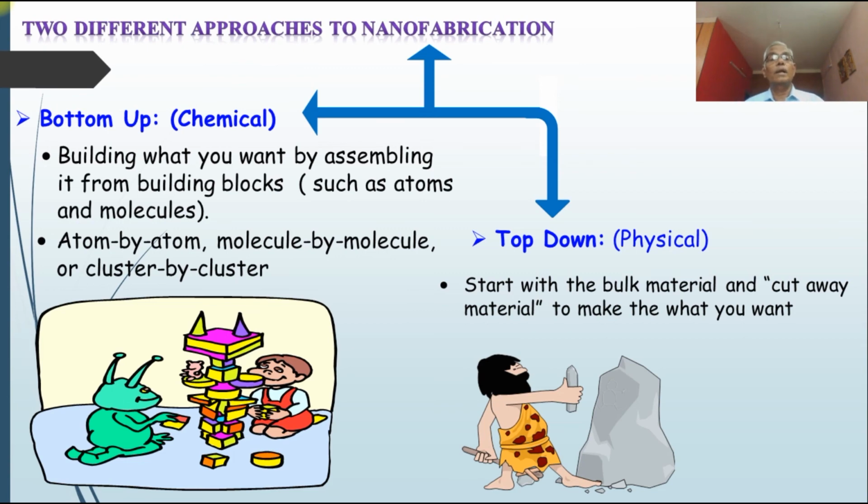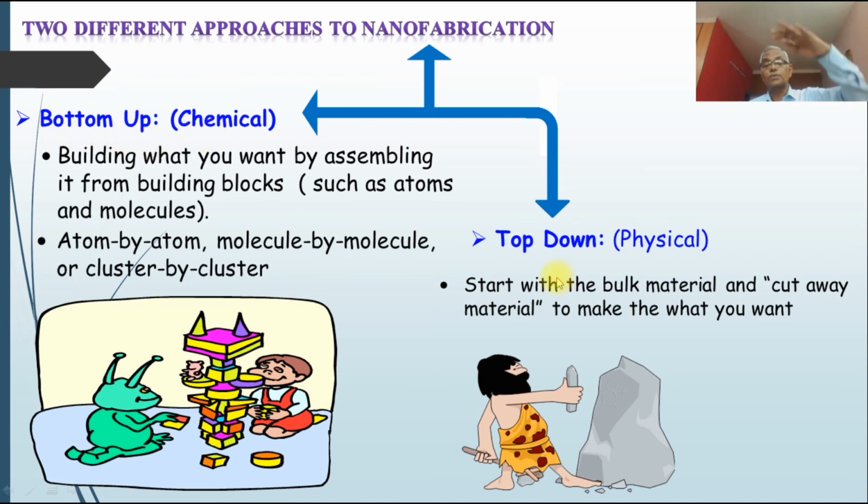One is called the top down approach, in which mostly the physical methods of synthesis are used. The big or bulk material is cut away into small pieces. So we can go from a big size material and reduce it into small particles. There are different kinds of physical methods, as I spoke in an earlier slide. And there is another approach, called the chemical approach, or bottom up.